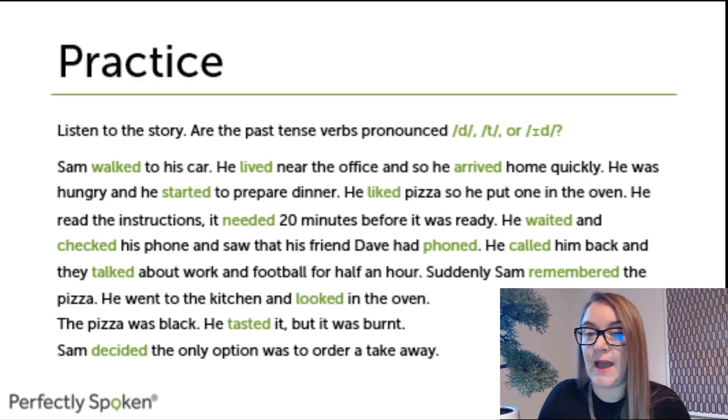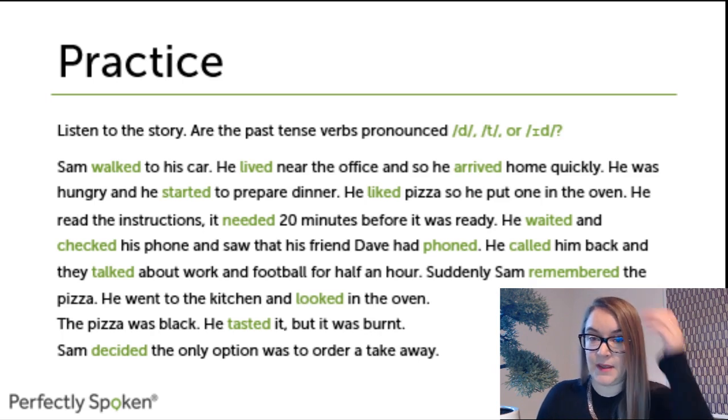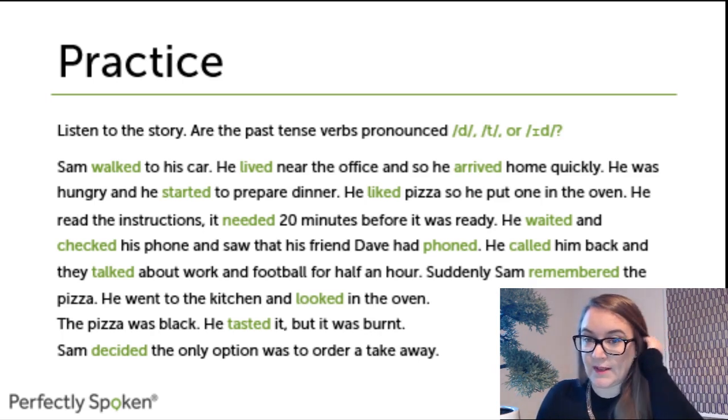He called him back, and they talked about work and football for half an hour. Suddenly, Sam remembered the pizza. He went to the kitchen and looked in the oven. The pizza was black. He tasted it, but it was burnt. Sam decided the only option was to order a takeaway.